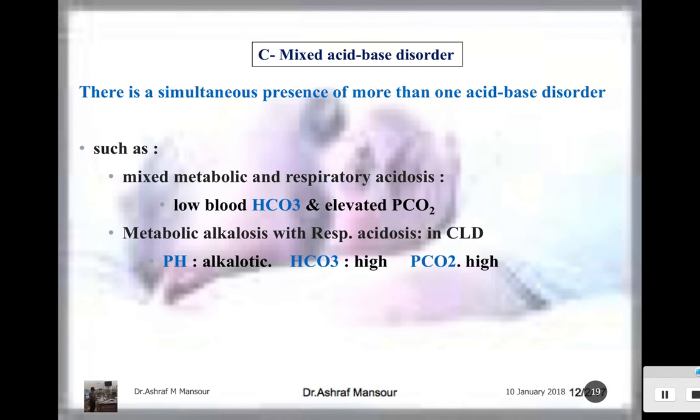We cannot say this is a compensation for bicarb, because as we will see, if you calculate, you will find that there is more CO2 retention from the effect of the pathology of the lung. So there is a respiratory element plus the alkalotic element.